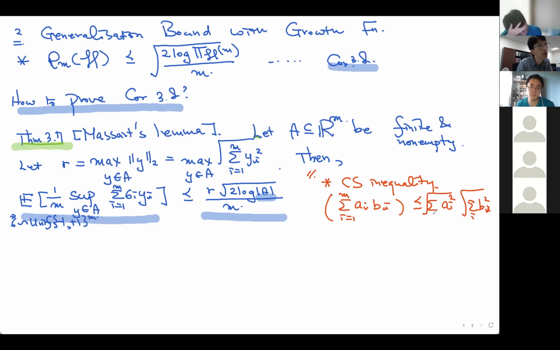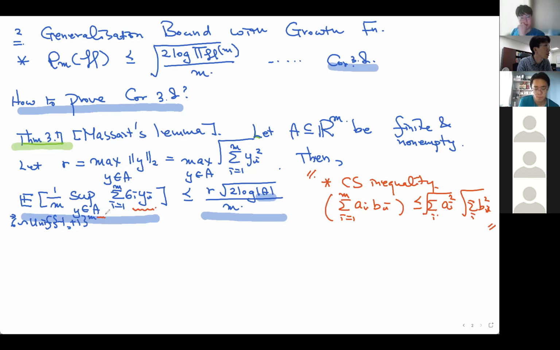And there are more complex inequalities of that kind, but the spirit is the same. You have something that connects the ai's and bi's. Something similar is happening here. We have something that connects this yi and all the possible things in A. The size of A and each specific value of yi are intertwined on the left-hand side, and the right-hand side separates them out.